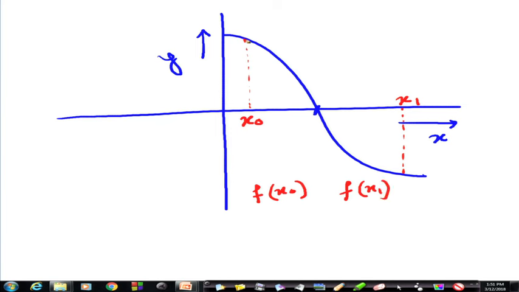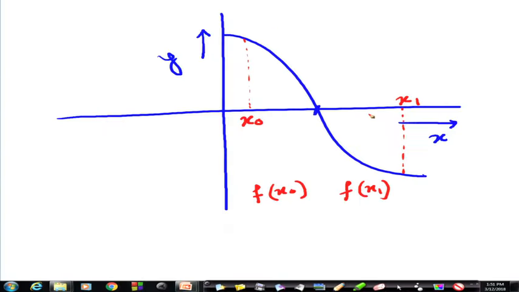So, here you can see this is plus, this is minus, right. f(x1) is the y value corresponding to x1. If the y values of x0 and x1 are opposite, then it is immediately understood that the root must lie somewhere in between.